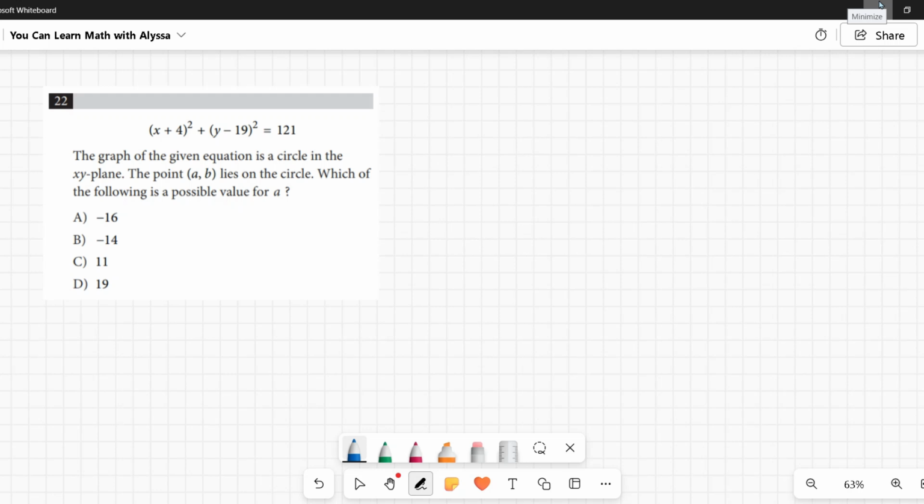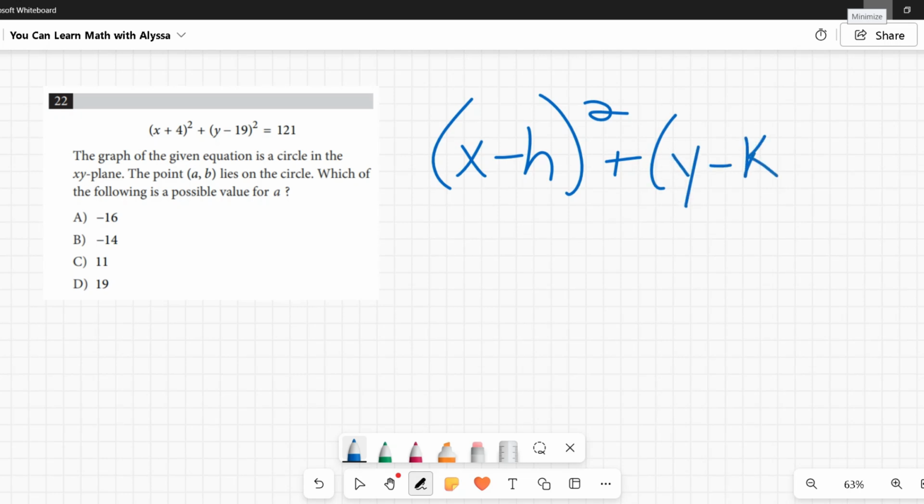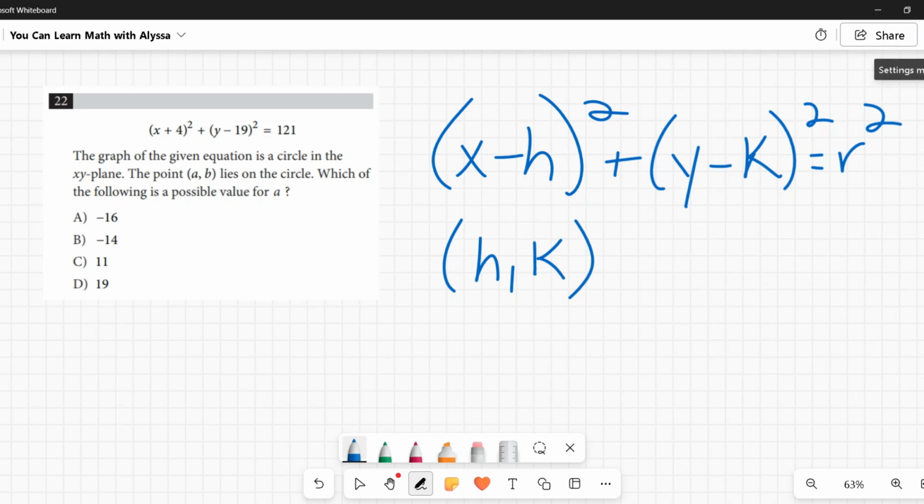Okay, now circles are one of those things that look very fancy, but it's actually very straightforward as to what this equation means. This is the standard form: x minus h squared plus y minus k squared equals r squared. H and k are the center of the circle.